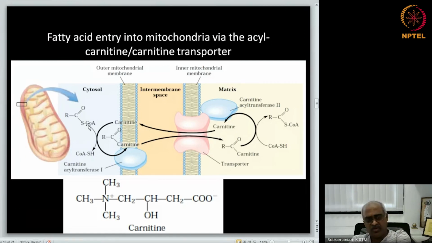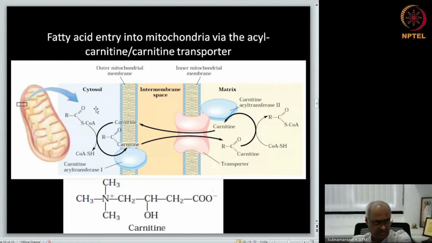We have learned about coenzyme A also when we learned about the pyruvate dehydrogenase complex. There the acetyl group taken from pyruvate is in the form of a thioester with coenzyme A, acetyl-CoA we saw. So similar thioester formation is catalyzed by acyl-CoA synthetases.